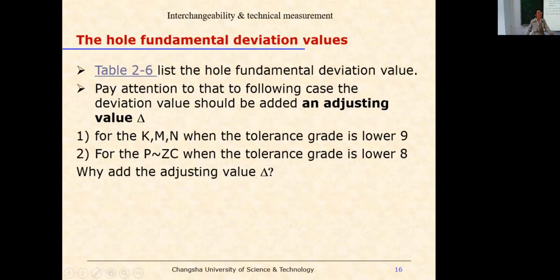Find the table. This one, how much is this one? This is H7. They said they don't have a microphone. Huh?